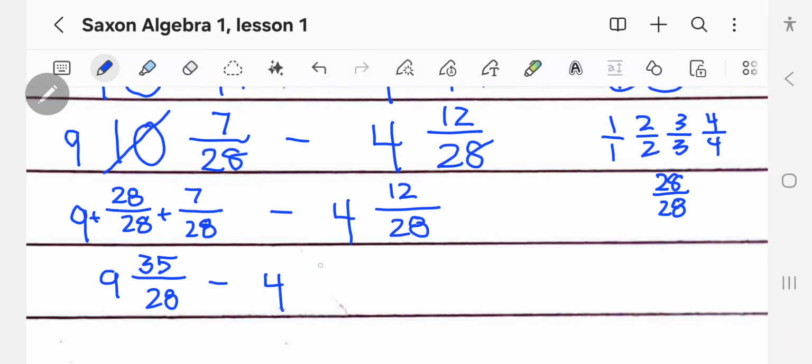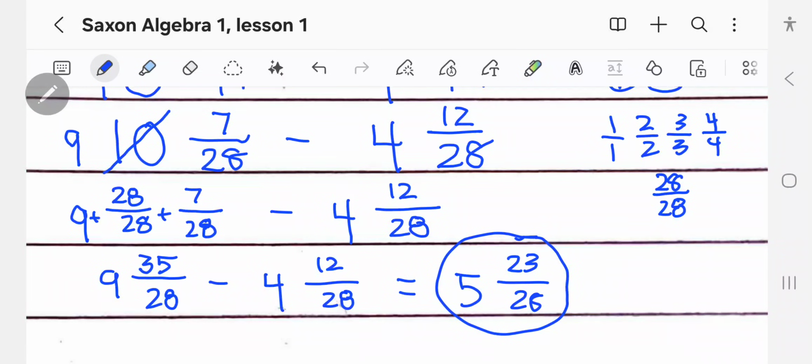And then we're going to subtract 4 and 12 28ths. When I subtract those, I can subtract the whole numbers: 9 minus 4 is 5. And then I can subtract the numerators: 35 minus 12, which would be 23 over 28. And that won't simplify. So that is the end and our final answer.